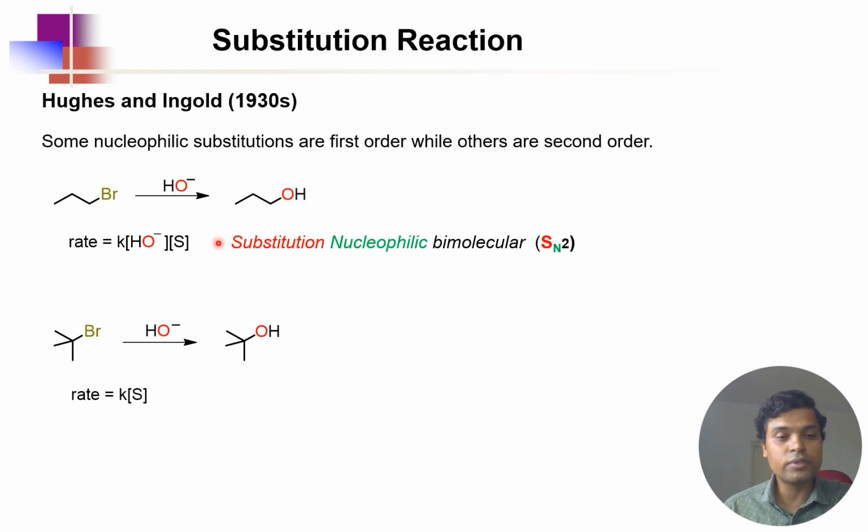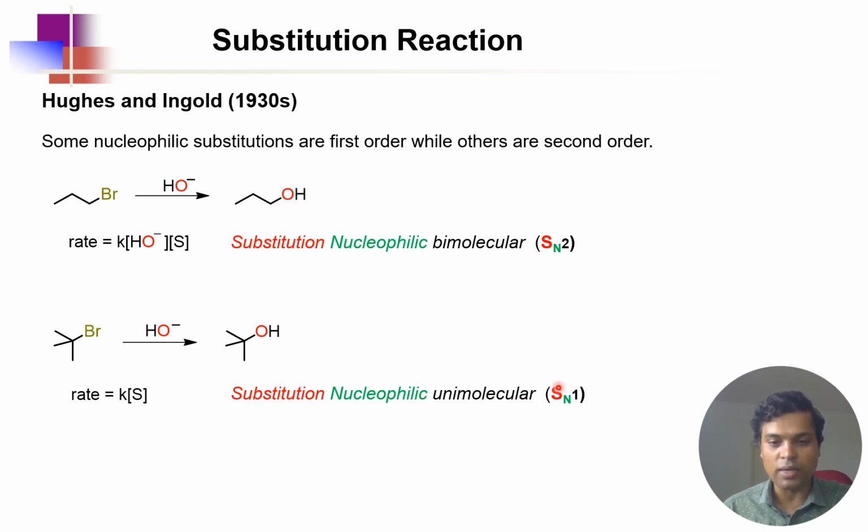The first category is termed substitution nucleophilic bimolecular, denoted as SN2. And the second one, substitution nucleophilic unimolecular, is denoted as SN1.